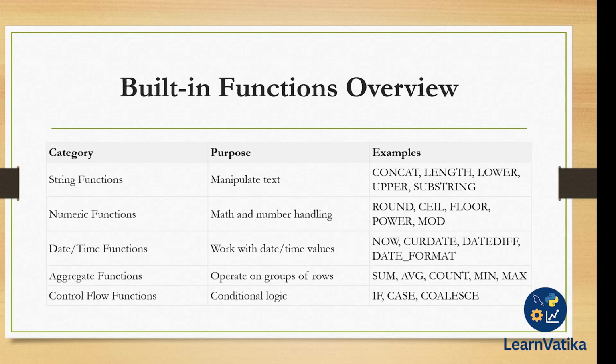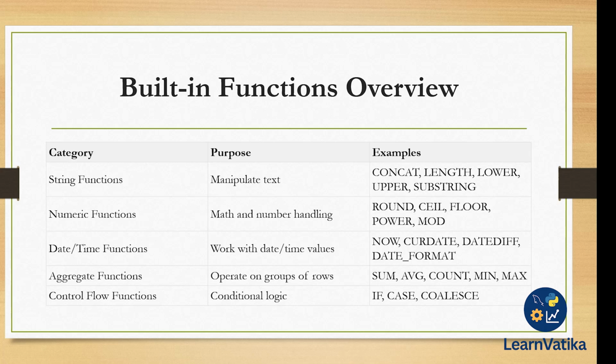There are a few functions you can see on the screen. First are string functions, then numeric functions, datetime functions, aggregate functions, and control flow functions. In string functions, we have CONCAT, LENGTH, LOWER, UPPER, and SUBSTRING, which we have already seen. In numeric functions, we have ROUND, CEIL, FLOOR, POWER, and MOD.